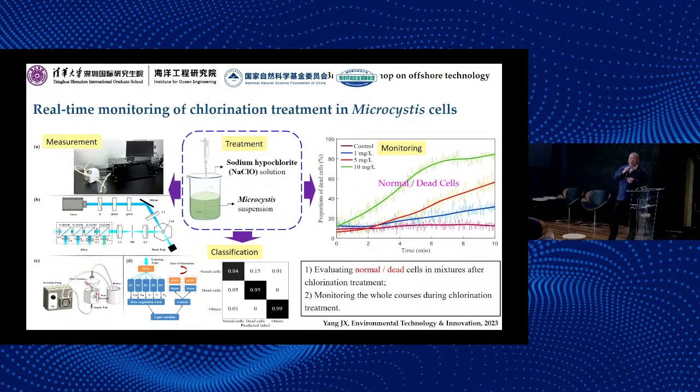Here is one example: we apply this method to judge cells after drug treatment. We add some drug to the suspension, and then we use our machine to measure the cells in this suspension, and we can judge whether the cells are dead or alive.